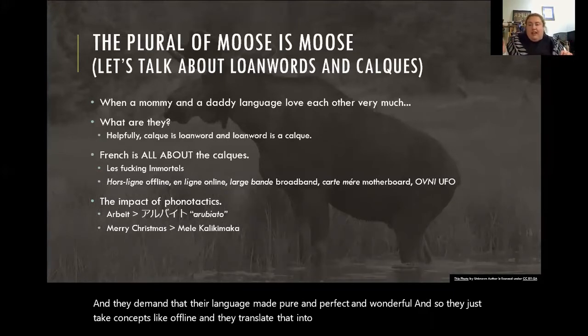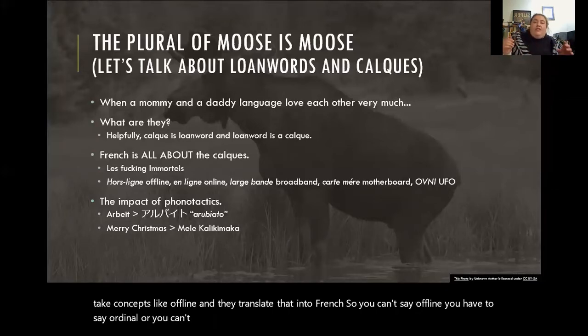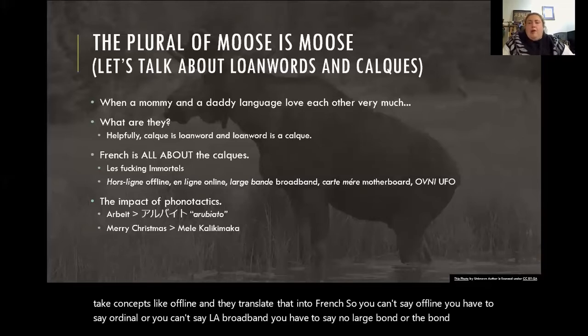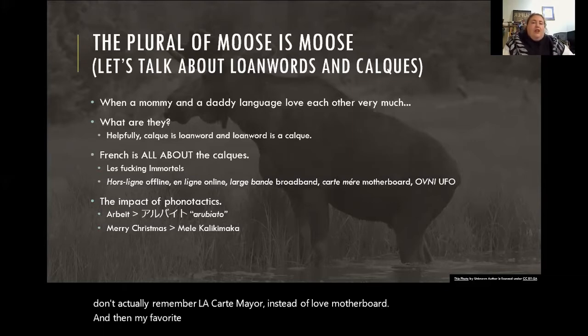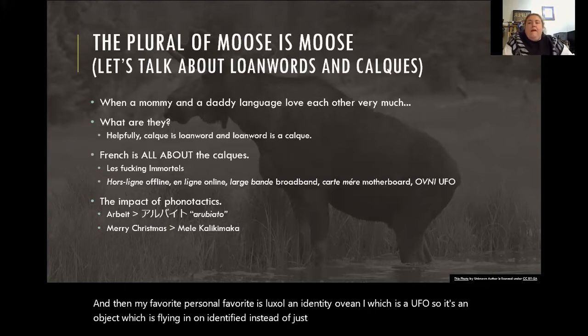So you can't say offline, you have to say hors ligne, or you can't say le broadband, you have to say le large bond, or le bond large. I don't actually remember. Carte mère instead of le motherboard. And then my personal favorite is l'objet volant non identifié, OVNI, which is a UFO. So it's an object which is flying and unidentified instead of just saying le UFO.